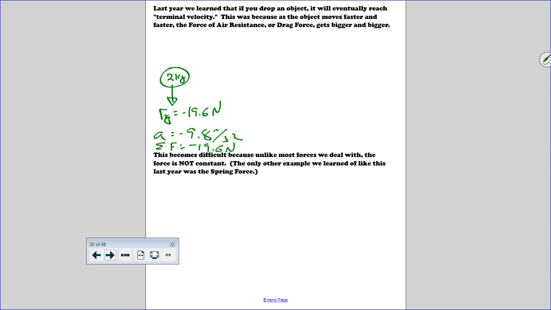Follow? But because it's accelerating, it's going to start moving faster, and as it moves faster, it begins to have to push more air. So maybe a moment later the force of gravity is still 19.6, but now maybe we've got 5 newtons of air resistance.